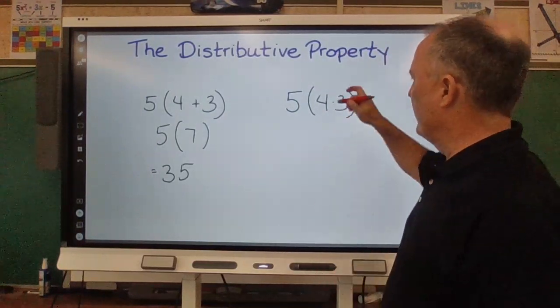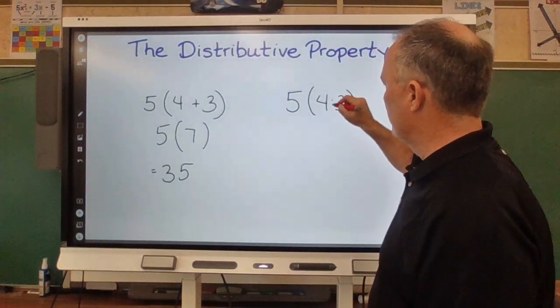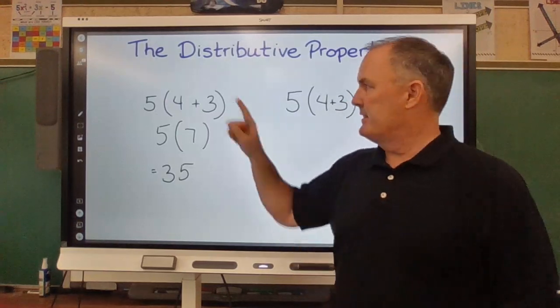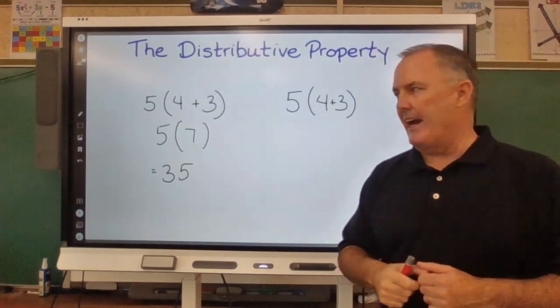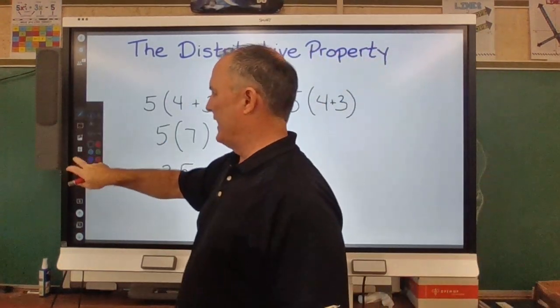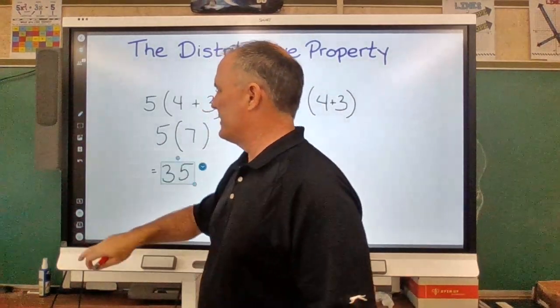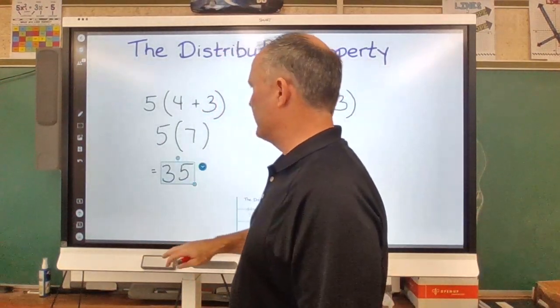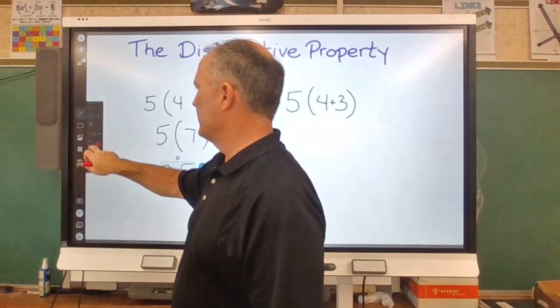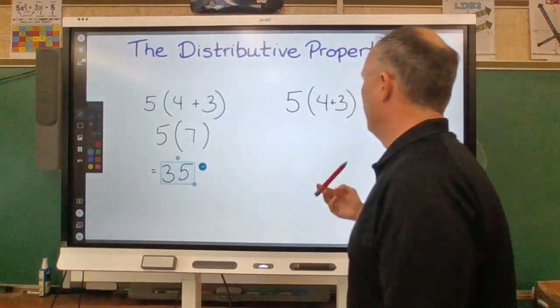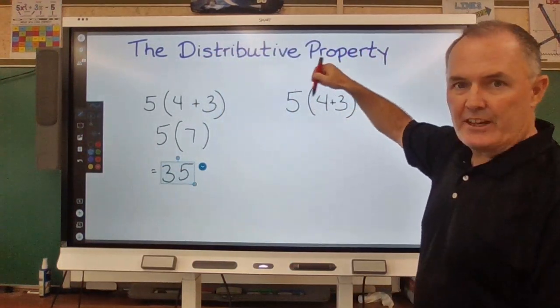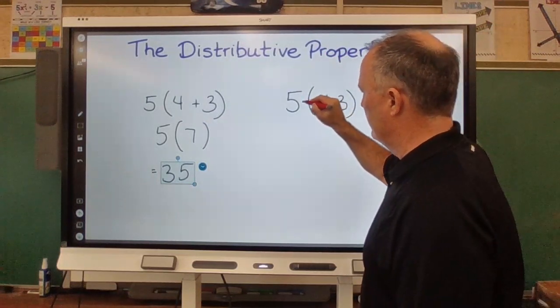The distributive property is, should have been a plus in there. Same expression, except now we're going to take what's on the outside and distribute it to what's on the inside. Fix this, there we go. So this really says 5 times whatever's on the inside.